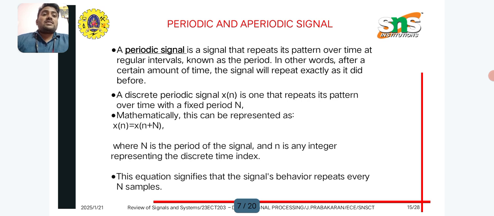After a certain amount of time, the signal repeats exactly as before. A discrete periodic x of n repeats its pattern with a fixed period of capital N. Mathematically, x of small n equals x of small n plus capital N, where capital N is the period of the signal.